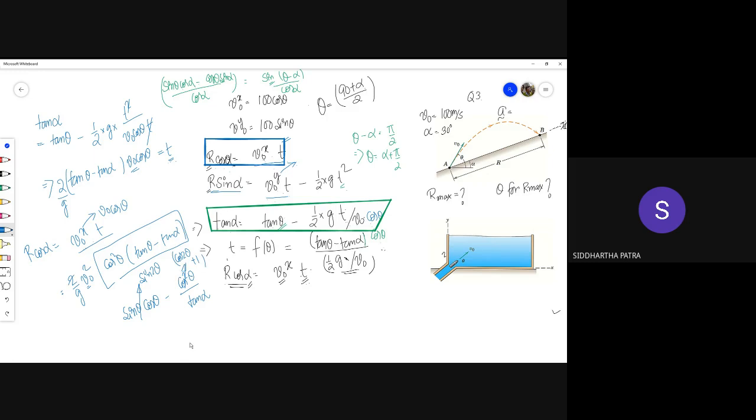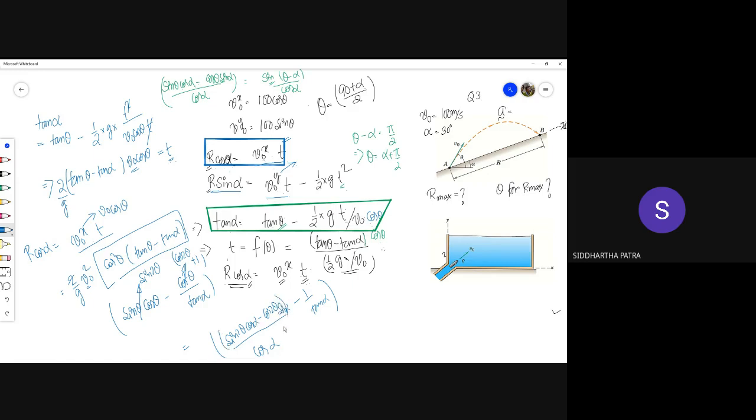If I multiply with 2, so I'll have to maximize this quantity, which of course has minus 1 by tan alpha, but again alpha is a constant. Then I'm left with 1 by cos alpha, sine 2 theta cos alpha minus cos 2 theta sine alpha.